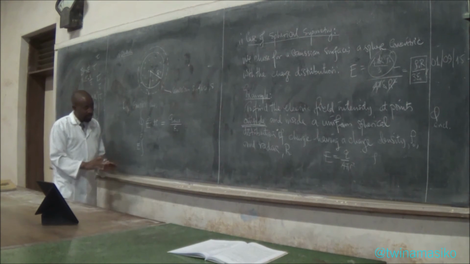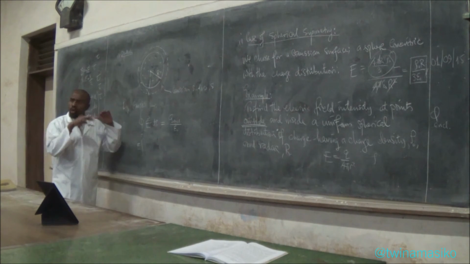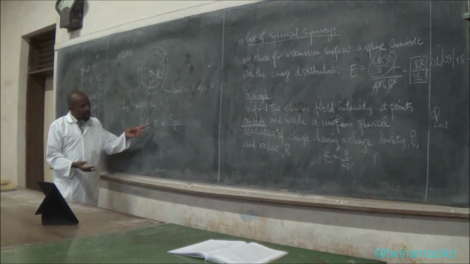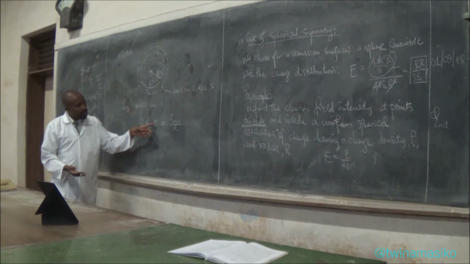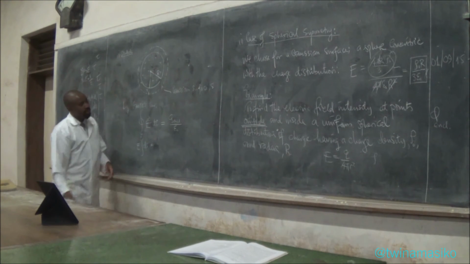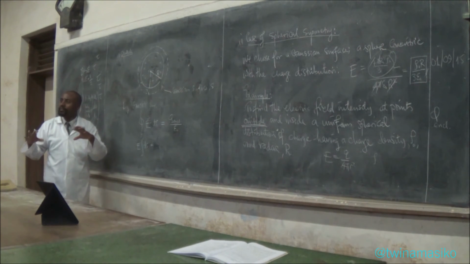So I have to integrate all over the surface, which is a sphere, and when I integrate my dS, this would be the same as the total charge enclosed by this sphere.